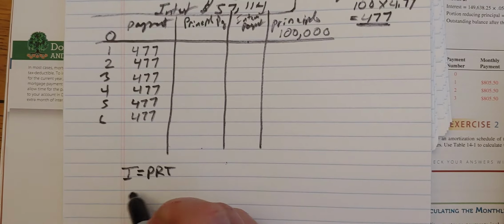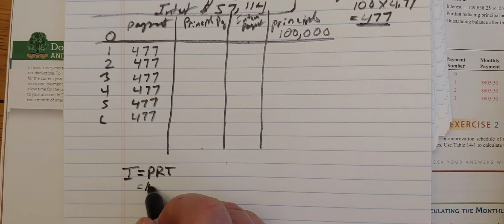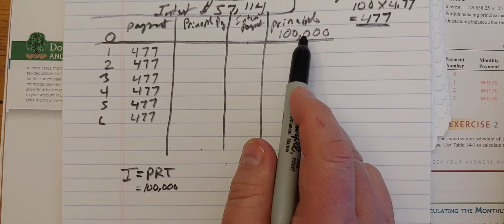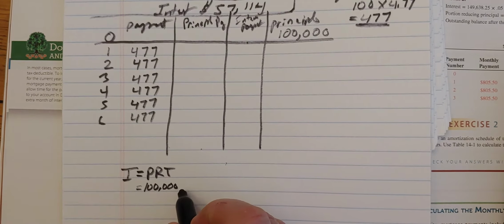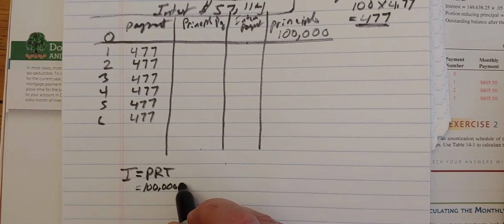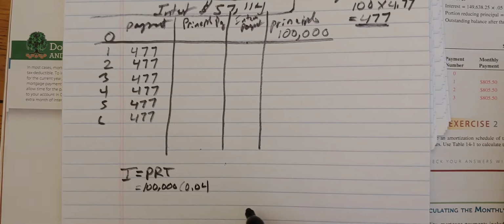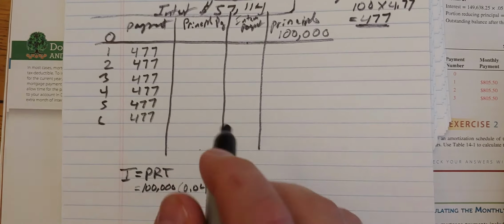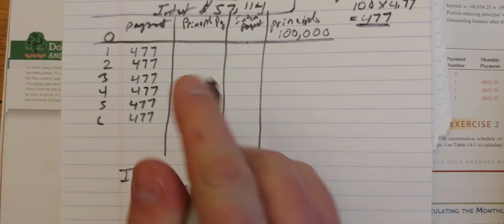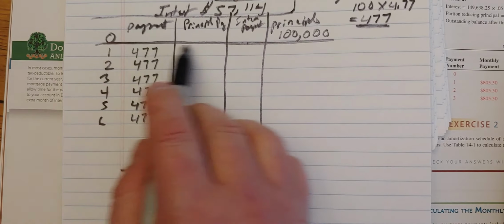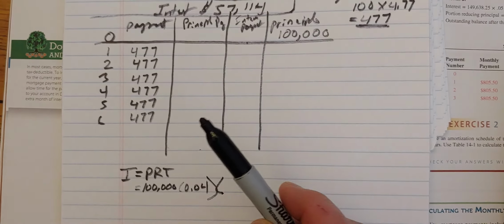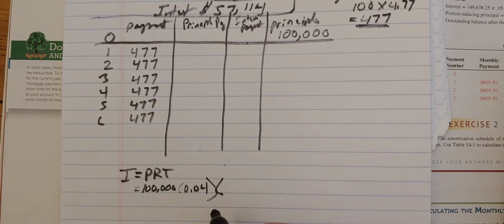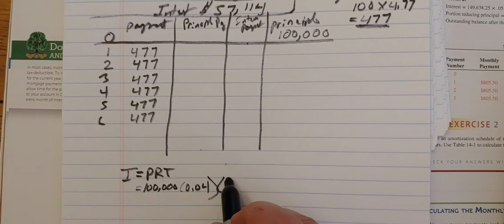The principal is $100,000, because this is our first payment. Our rate is 4%, so 0.04. And the time is 1 month. We're figuring the interest on 1 month since we're compounding. And by the way, most mortgages are ordinary, so it's compounded at the end of the month, the end of the payment period. So 1/12.